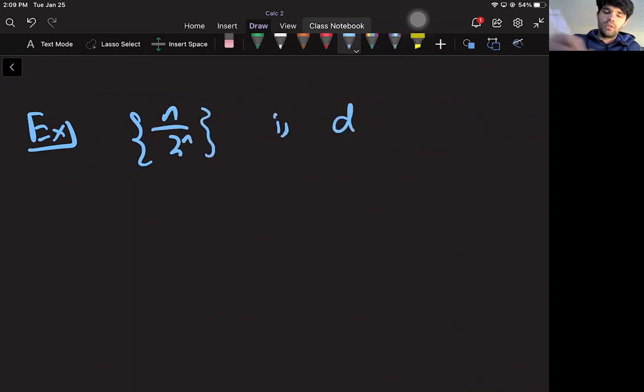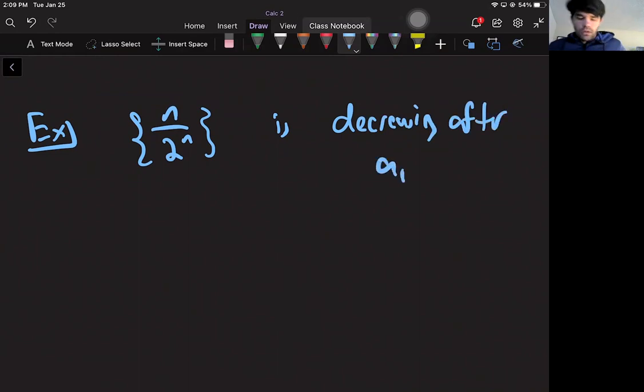n over 2 to the n is decreasing after a sub 1. So that means that the very first term compared to the next term is going to get smaller immediately. So let's do it more quickly.